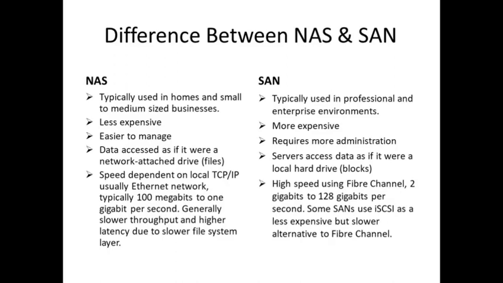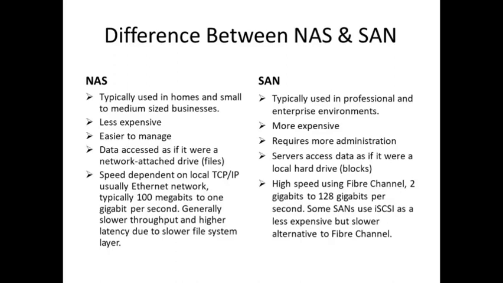NAS data accessed as if it were a network attached drive. SAN server access data as if it were a local hard drive blocks. NAS speed dependent on local TCP/IP, usually Ethernet network, typically 100 megabits to 1 gigabit per second. Generally slower throughput and higher latency due to slower file system layer.